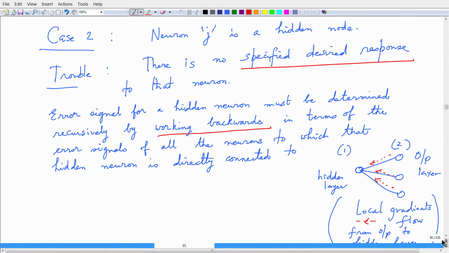If you recall, from these output neurons you have error signals that flow backwards from the output layer to the hidden layer, and you have to compute the sum of all the local gradients that are scaled by the synaptic weights connecting all the neurons in the output layer to a particular neuron in the hidden layer.